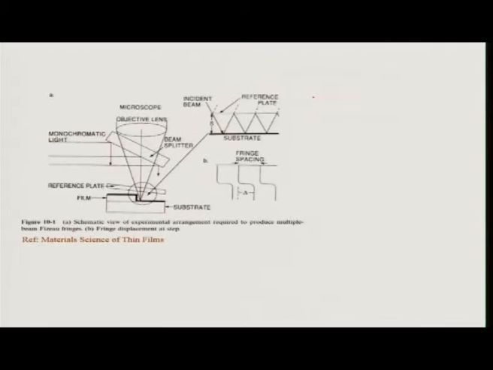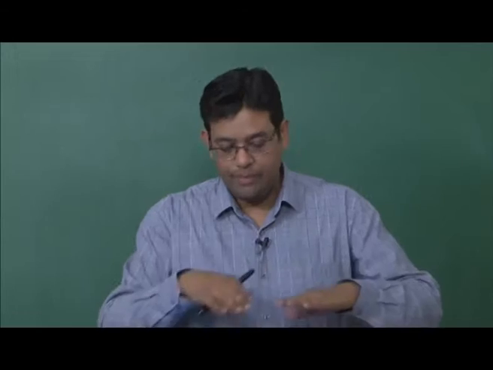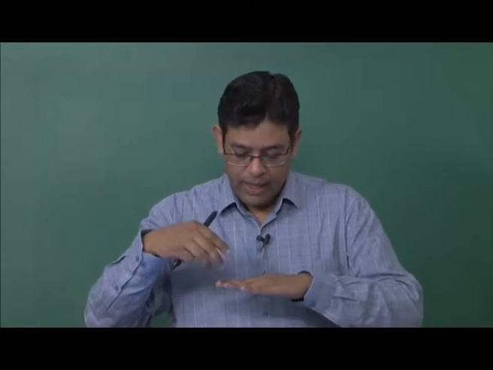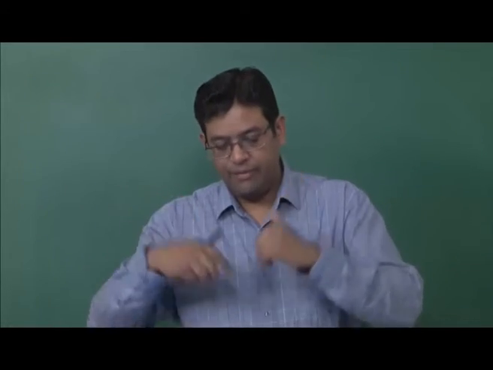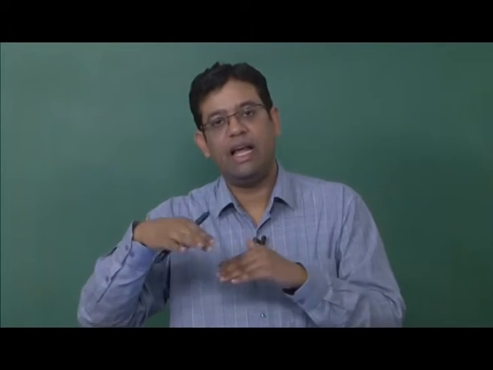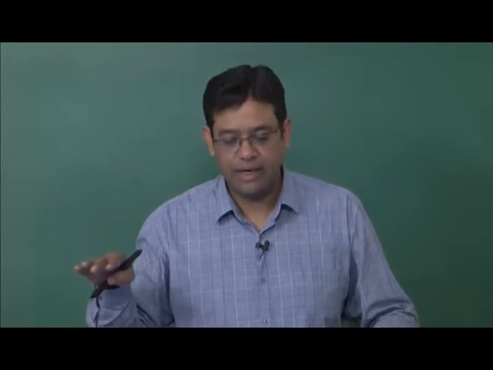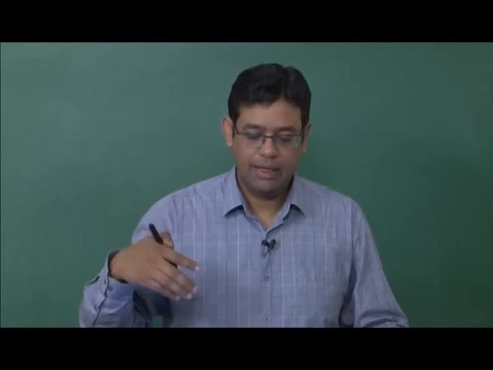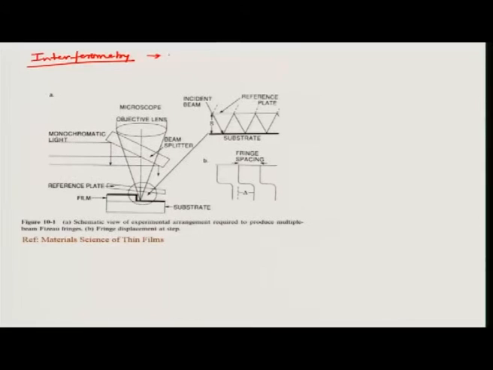Now, this is interferometry. We know that when light is reflected from a surface, if between two rays there is a path difference, then we will have interference. Based on the interference, if it is constructive or destructive, we will get the fringes.